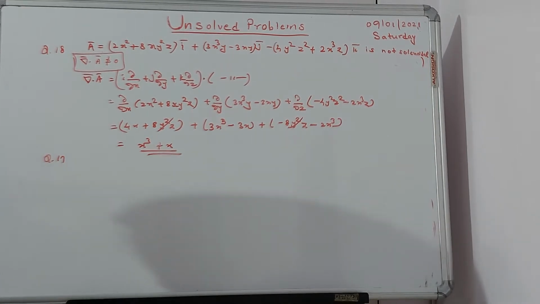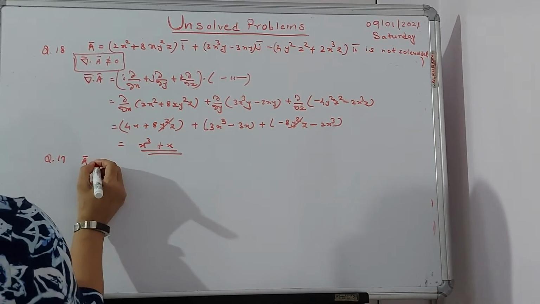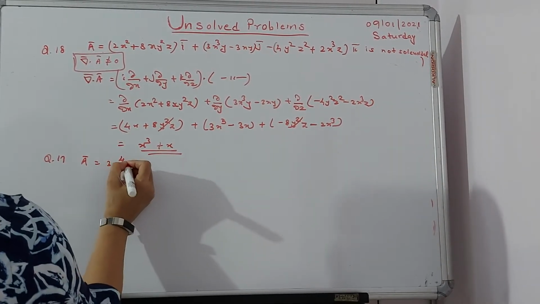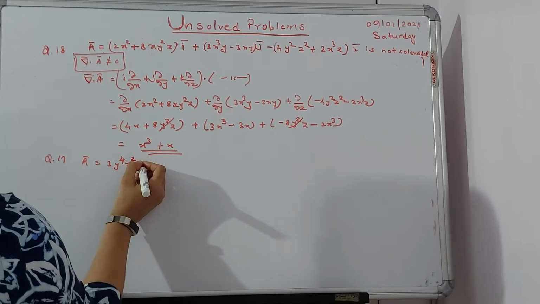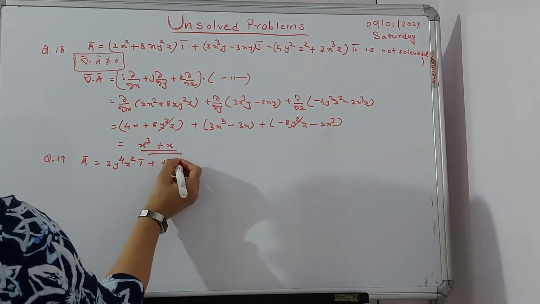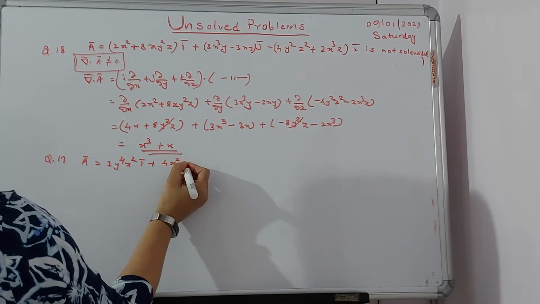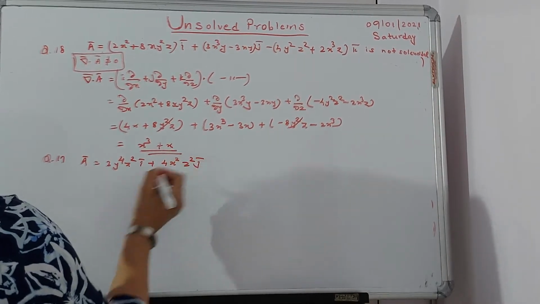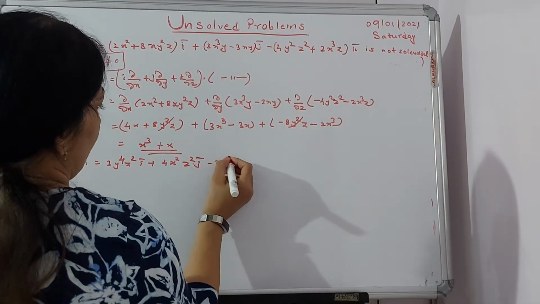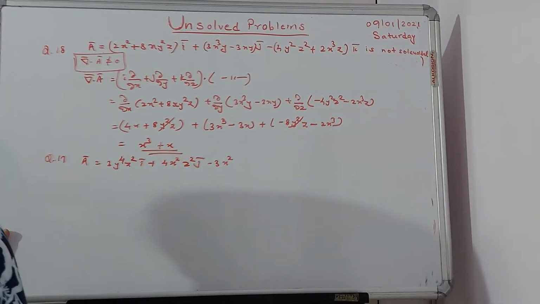Question number 17 says, prove that the vector A is solenoidal. Vector A over here is 3y⁴z² i plus 4x²z² j minus 3x²y² k.